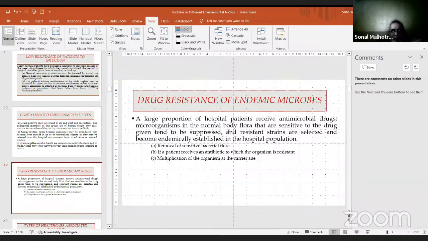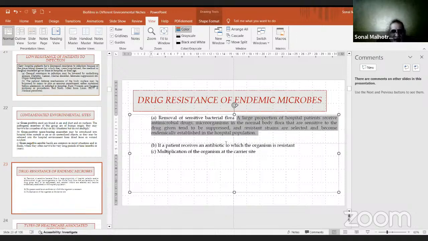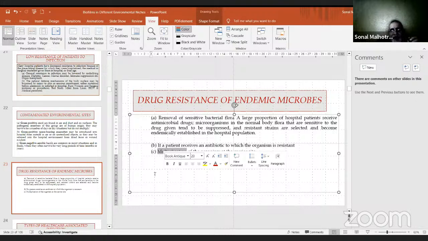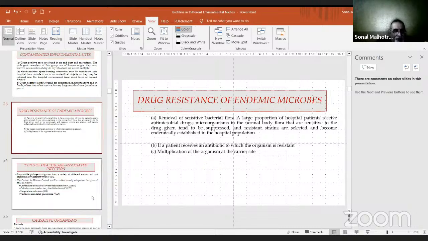Some normal body flora are sensitive to the drug and can get suppressed, but resistant strains can then appear within the hospital setting itself. So when a person receives an antibiotic, it's very common that antimicrobial-resistant strains can develop within the hospital setting. So you have to be careful of those.